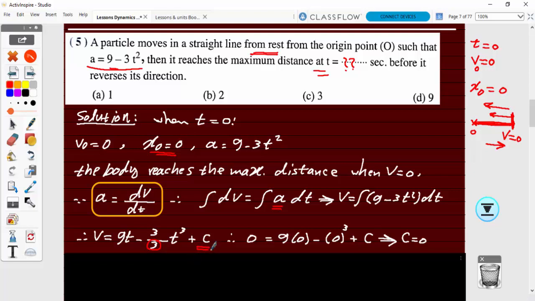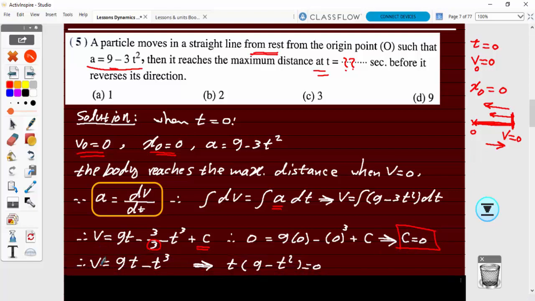How do we determine the value of c? Using the initial conditions. What are the initial conditions? When t equals 0, v equals 0, v naught equals 0 here. So 0 equals 9 multiplied by 0 minus 0 power 3 plus c, it means c equals 0.